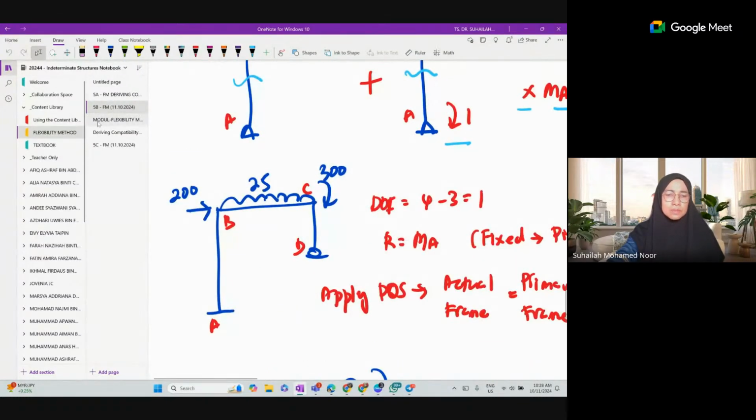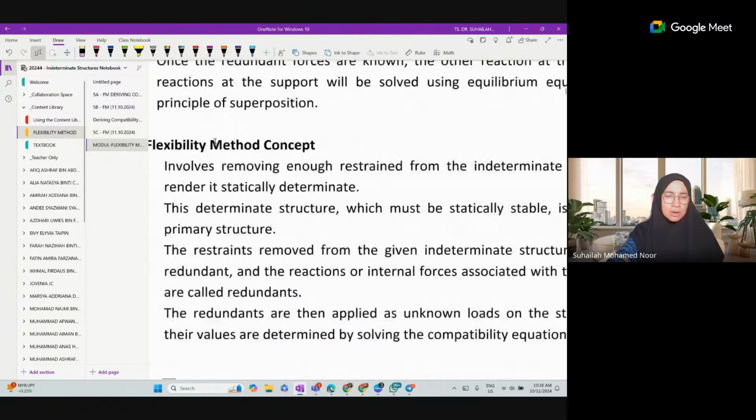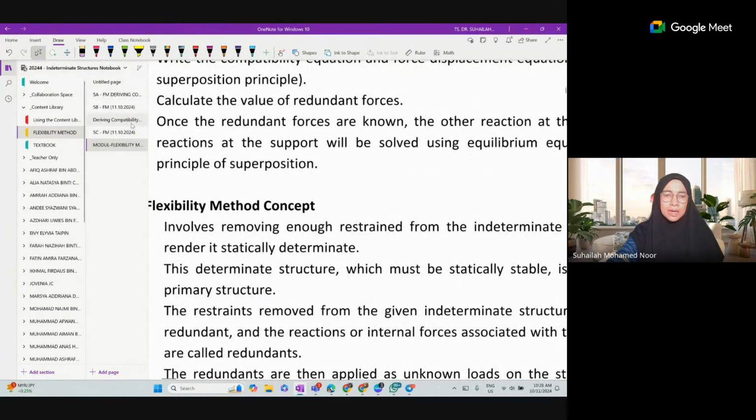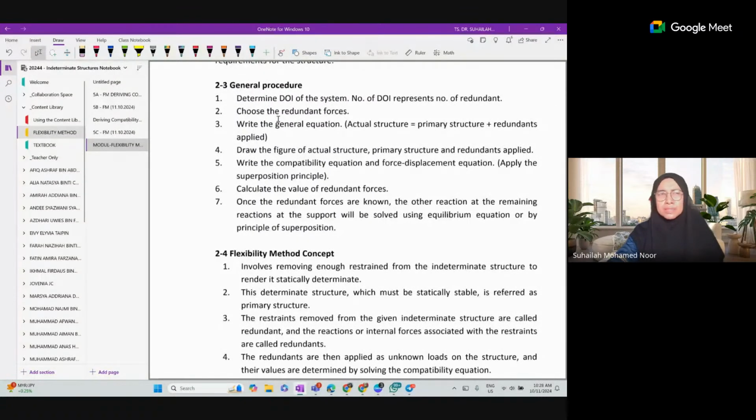Okay. So the module is here. Of course, there are many, but not yet. Here I will put it later on. So this is the module for the flexibility method. Anyway, the module, the notes, the textbook, and whatever, it is just for you to read.